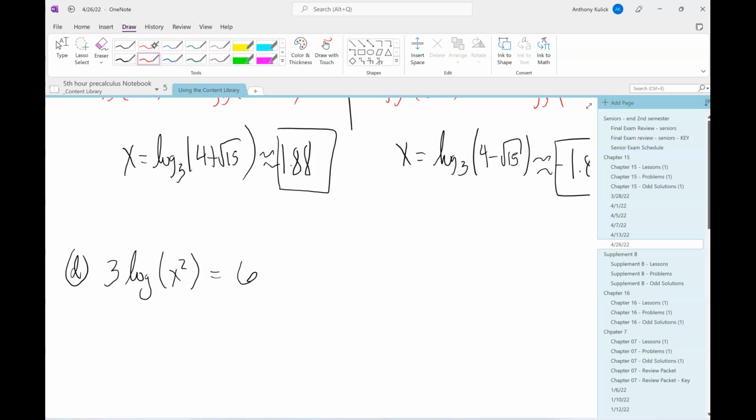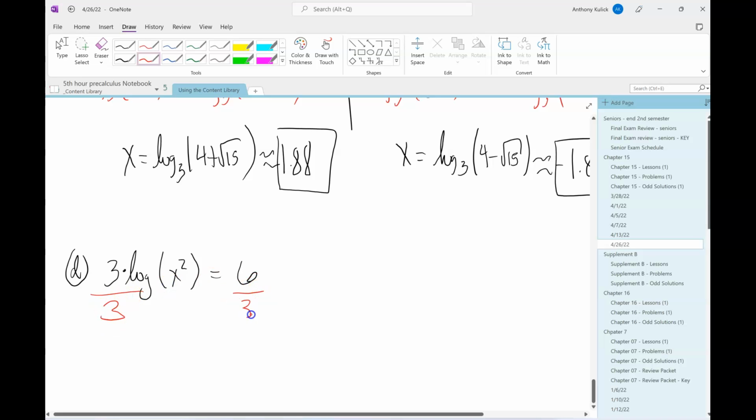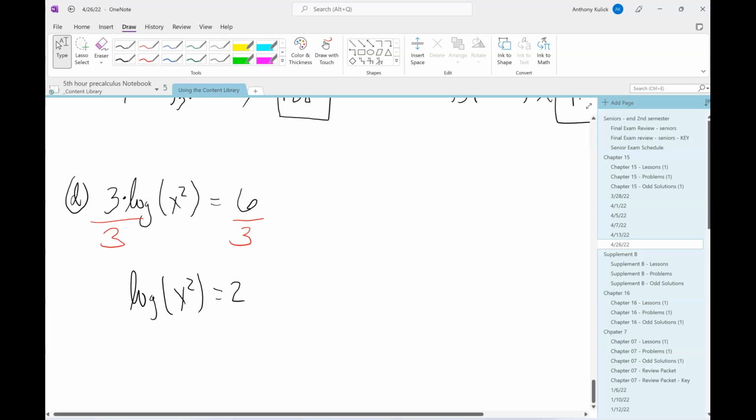Excellent. Yes, let's get rid of that multiplication going on, right? We have this times 3 that's going on outside the logarithm. So we have that.